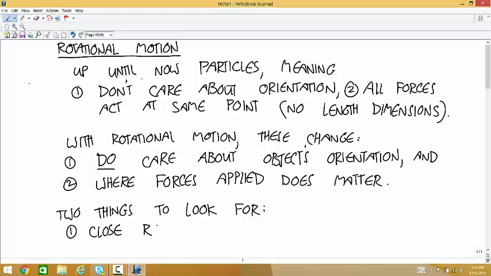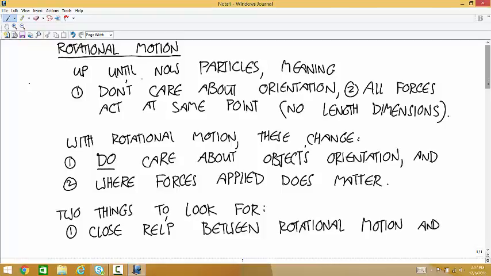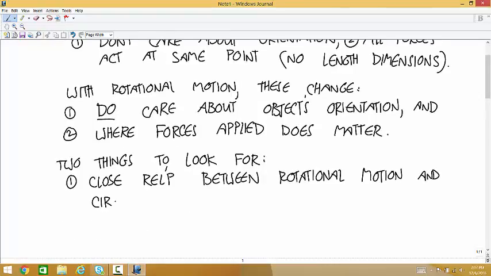They're not the same thing. So there's a close relationship between rotational motion and circular motion.